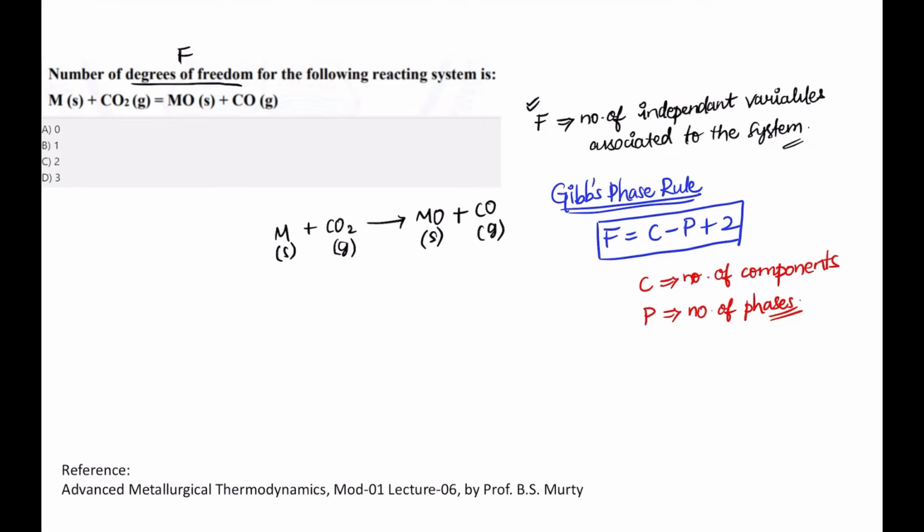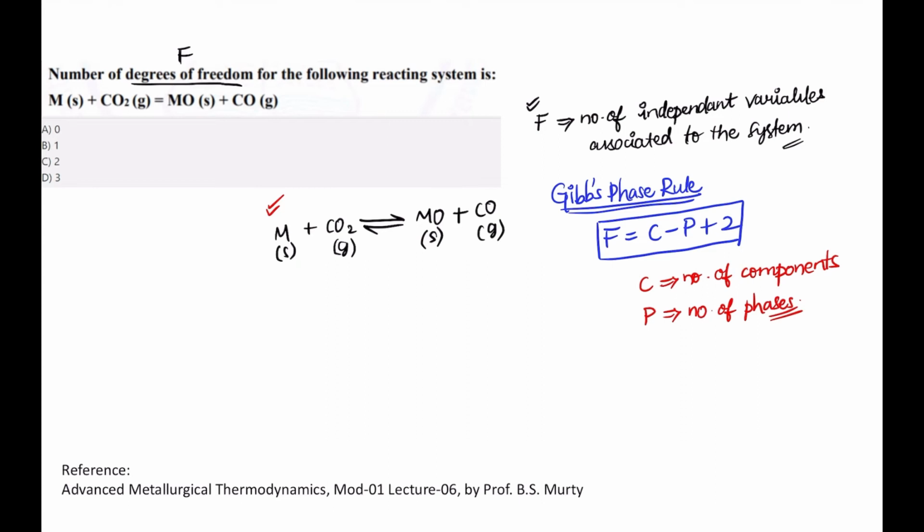Now let's try to apply this Gibbs phase rule to our system, at equilibrium. So for a given reaction, how can you calculate the number of components?